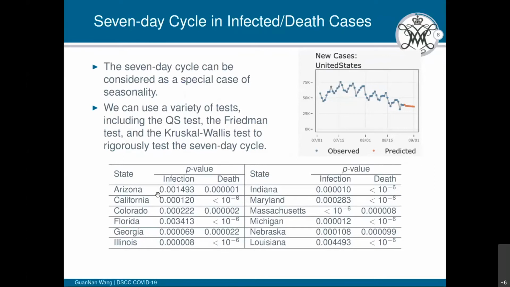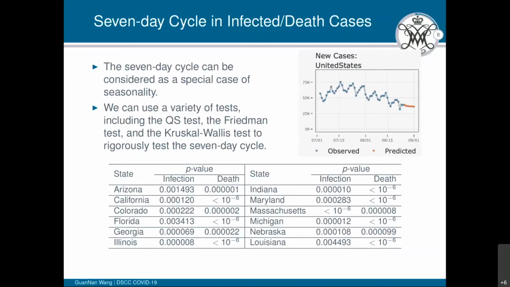In this table, we list some p-values of the fragment test of the infected and fatal cases. You can see for the infected cases, 37 states show the 7-day cyclical pattern at a nominal level of 0.05. And for the fatal cases, the 7-day cycle appears in 39 states.